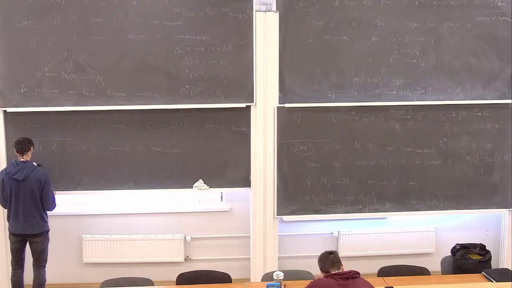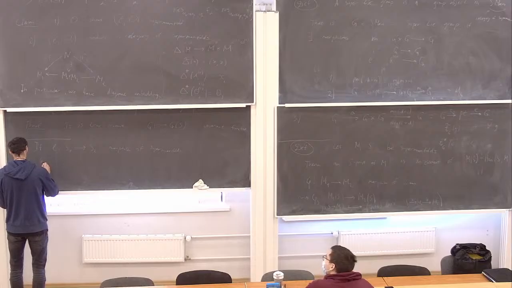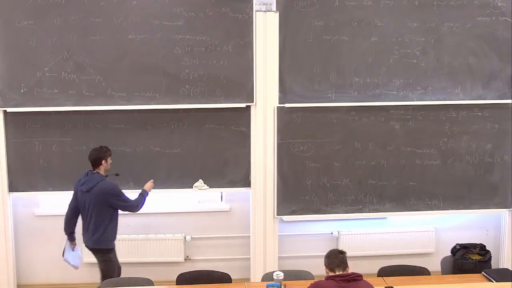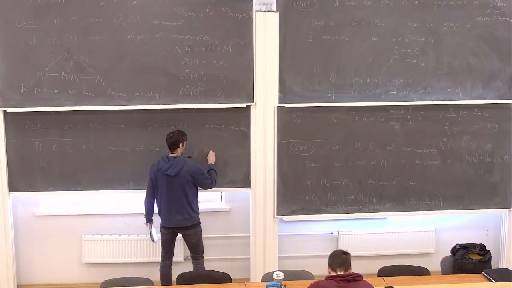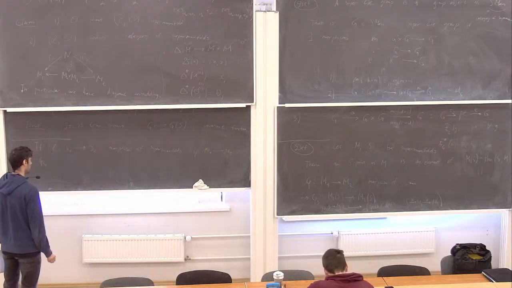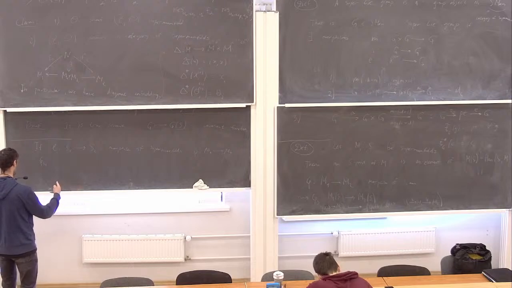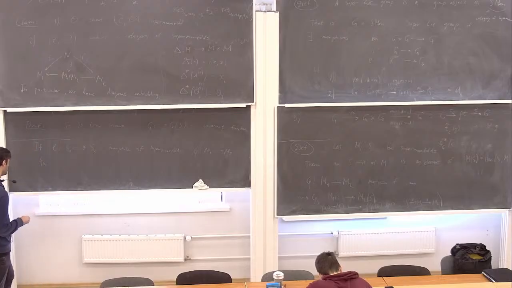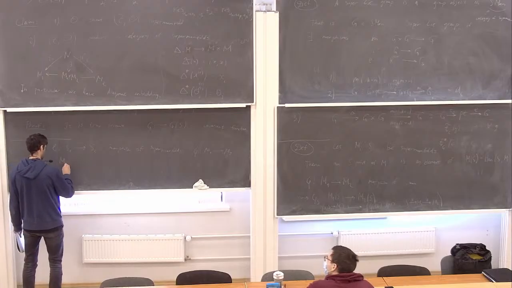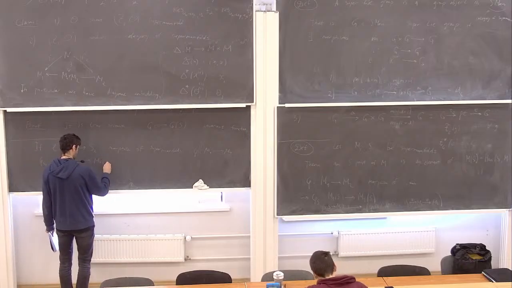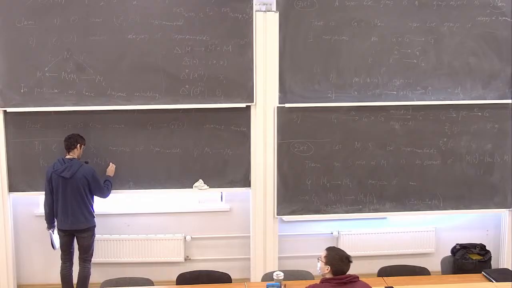Phi is a morphism from M1 to M2. So now I have two things, phi and L. By phi S1, I can have a map M1 of S1 to M2 of S1, sorry.